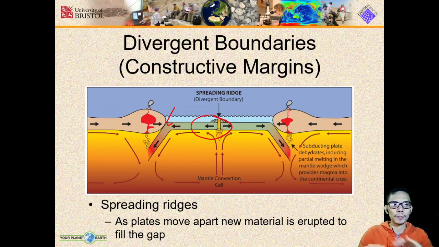In terms of the age of rocks, the material from the middle is somehow younger than the one at the sides of this divergent boundary that you have right there.